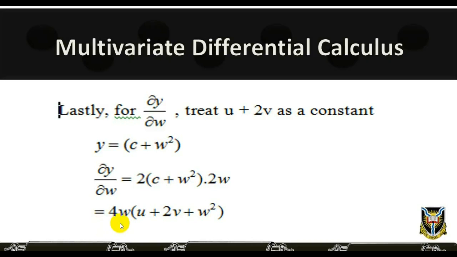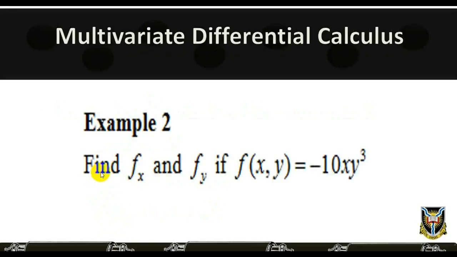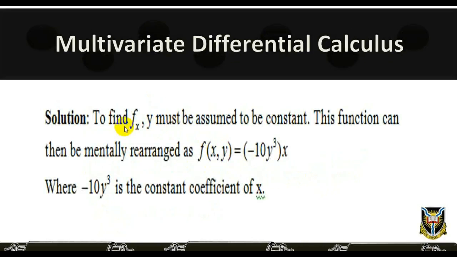Example. Find f_x and f_y if f of x, y equals minus 10x y to power 3. Solution. To find f_x, y must be assumed to be a constant. This function can then be mentally rearranged as f of x, y equals (minus 10 y to the power 3) times x, where minus 10 y to the power 3 is the constant coefficient of x.